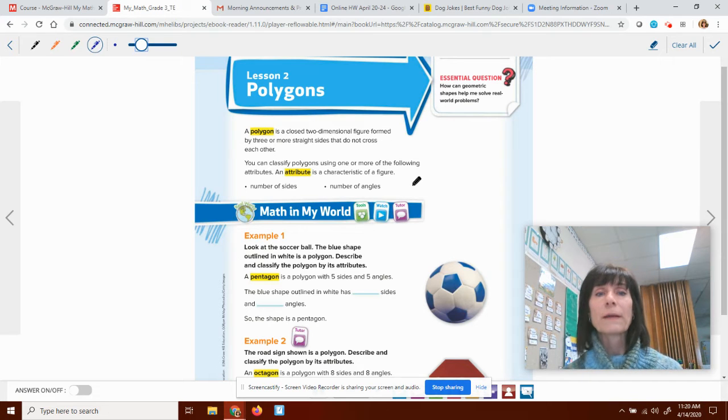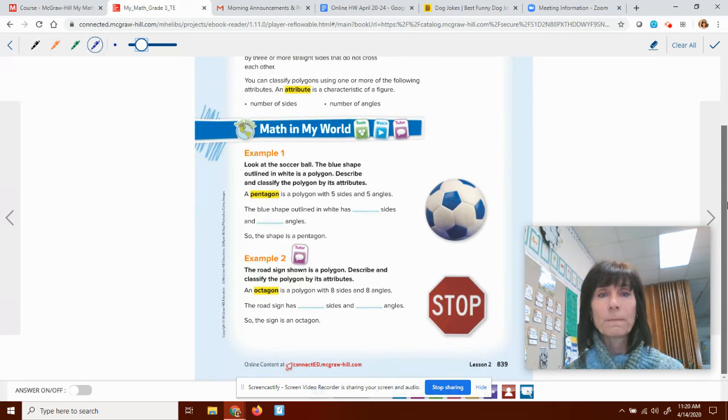Example 1: if we look at this soccer ball, the blue shape outlined in white is a polygon. Describe and classify the polygon by its attributes. I want to give two characteristics: how many sides there are, and how many angles there are.